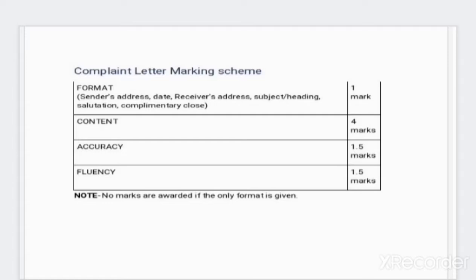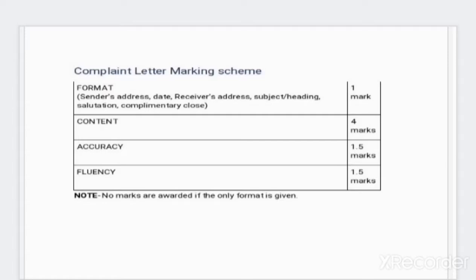The format: the sender's address, the date, the receiver's address, subject, heading, salutation, complimentary close, all together it is the format. And what is the marking scheme? The format is of 1 mark.